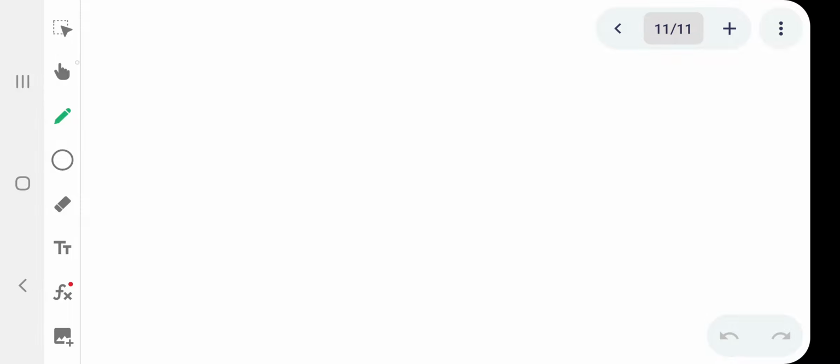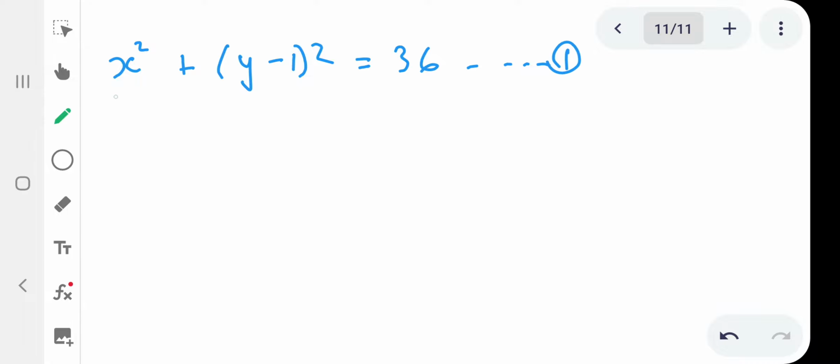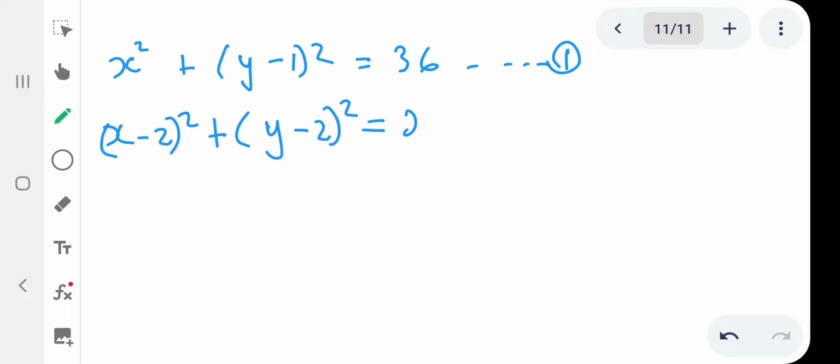Example: let's say it's x squared plus y minus 1 squared is equal to 36. This is the first circle, and then circle 2 says x minus 2 squared plus y minus 2 squared is equal to maybe 25. So prove whether these two circles intersect or not, right?